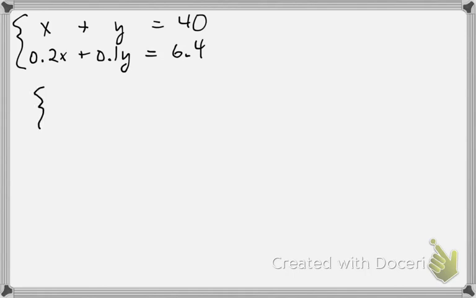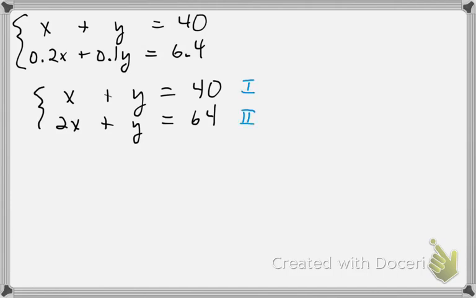Decimals, nobody likes them. So I can get rid of it by multiplying the second equation by 10 this time. So 2x plus y equals 64. You guys agree?